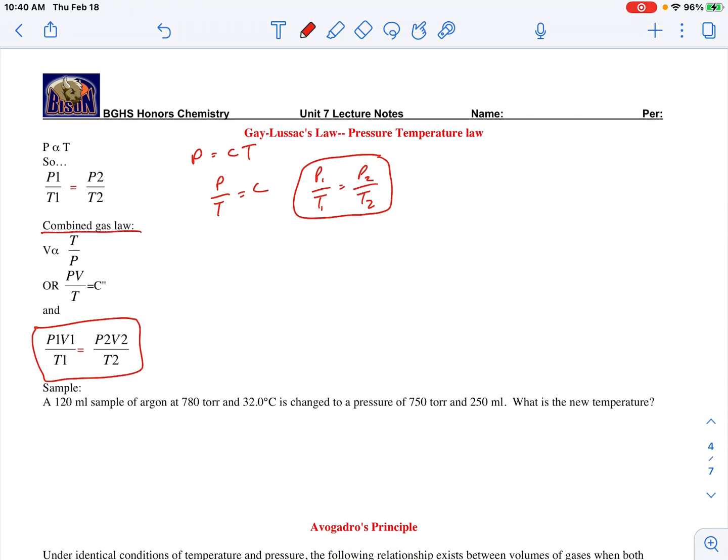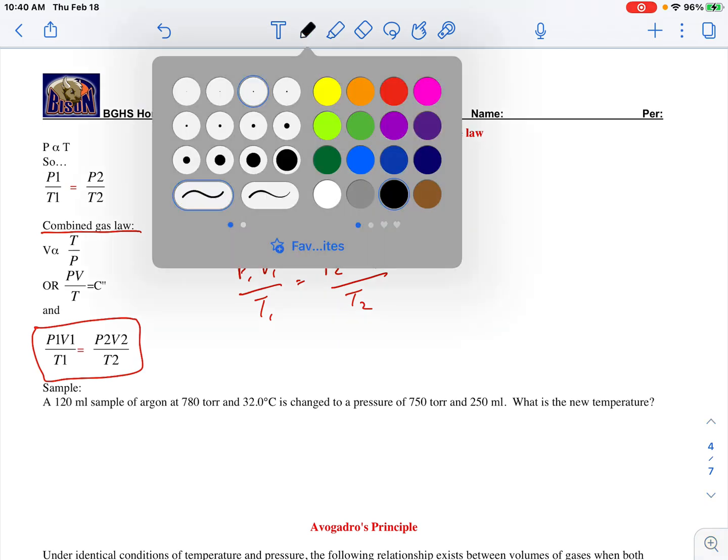All right, the combined gas law combines pressure, temperature, and volume all into one convenient law. And so when you're using the combined gas law, P1 V1 over T1 equals P2 V2 over T2, you can use this in any one of those scenarios that we mentioned earlier. So I could use this law in the first example and the second example that I did, because if volume is not mentioned, I can just go ahead and ignore the volume, right?